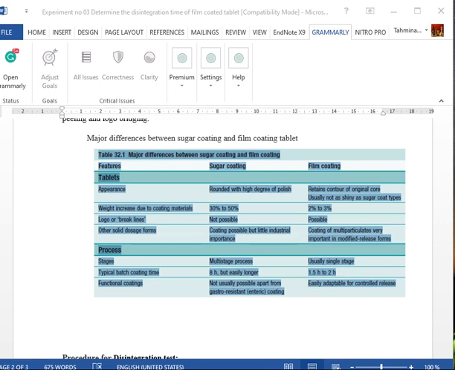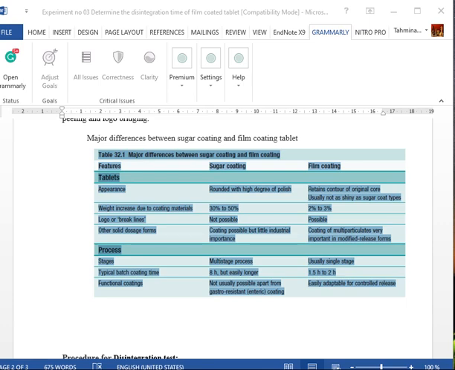Typical batch coating time in sugar coating is longer, 8 hours, but easily longer. It may be more. But in film coating, the time duration for the whole process may be 1.5 hours to 2 hours.